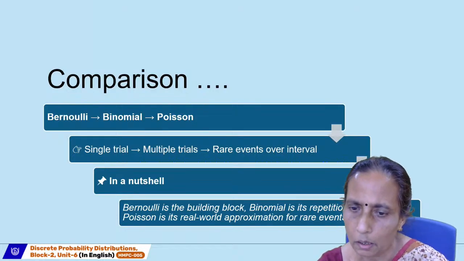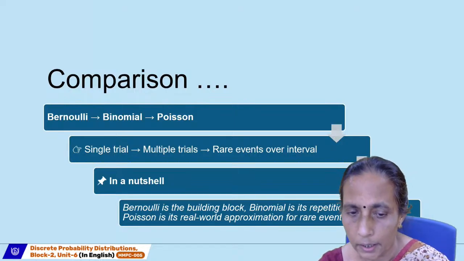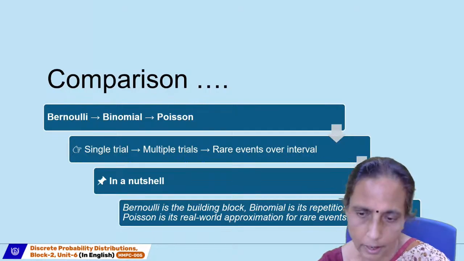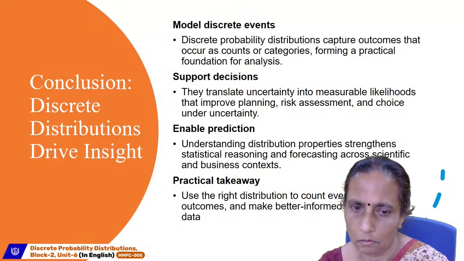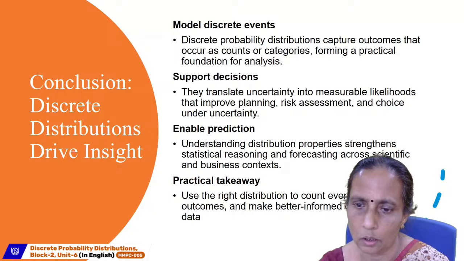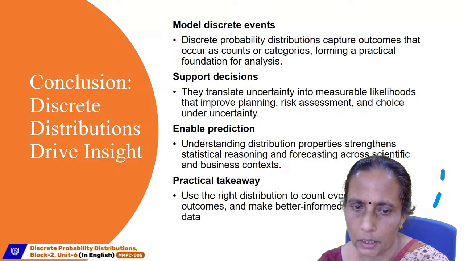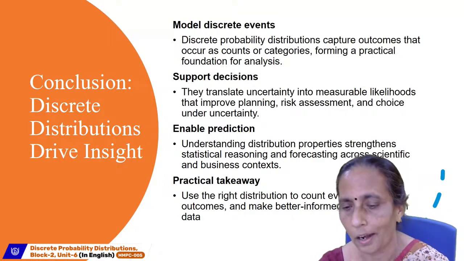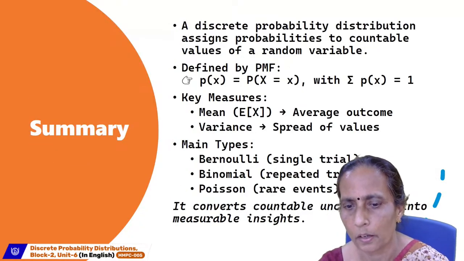Bernoulli is the building block, binomial is the repetition, and Poisson is its real world approximation for rare events. This is the conclusion. Practical takeaway: use the right distribution to count events, evaluate outcomes and make better informed decisions from data.